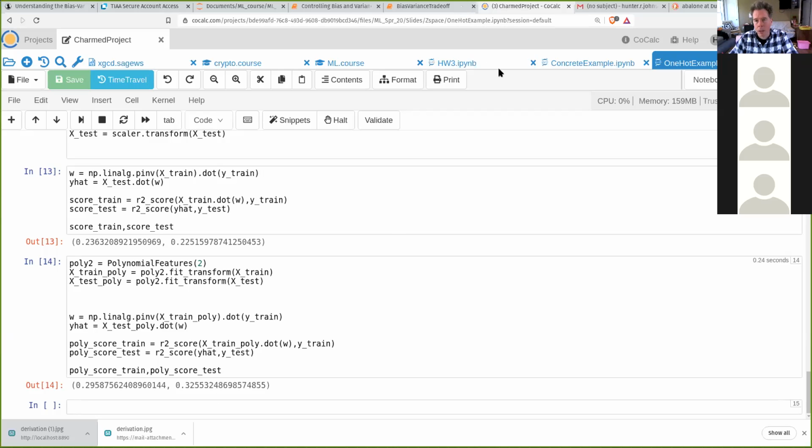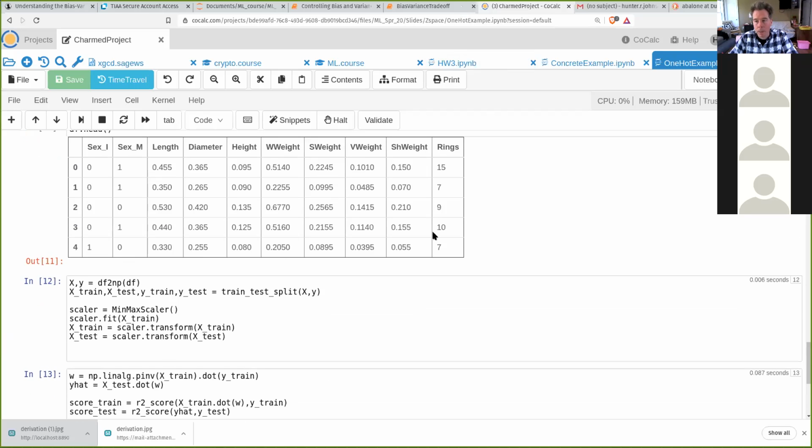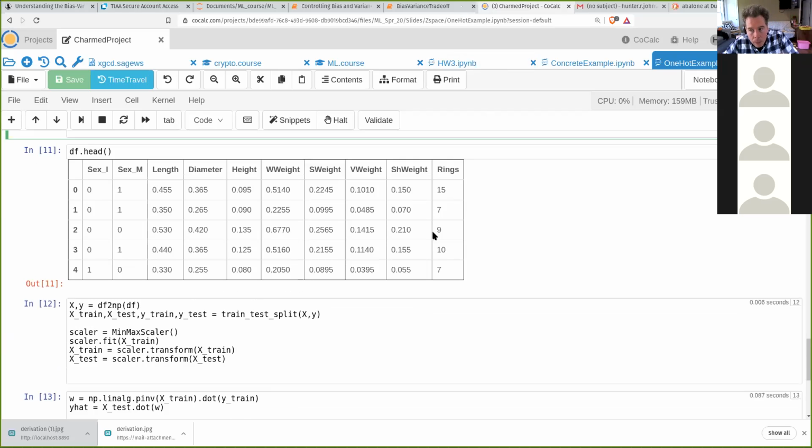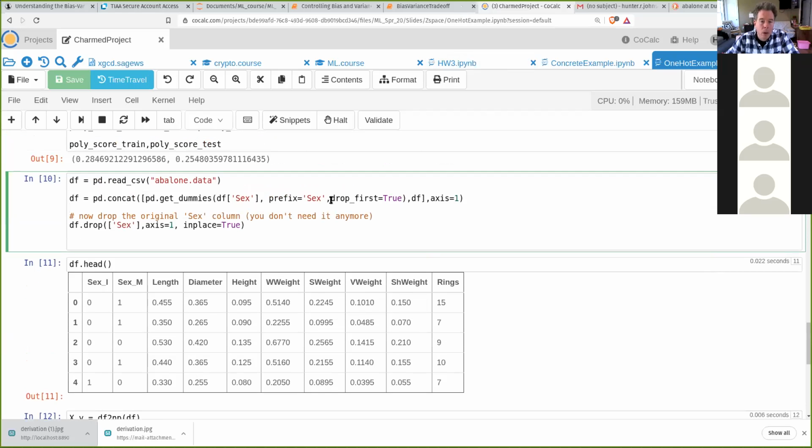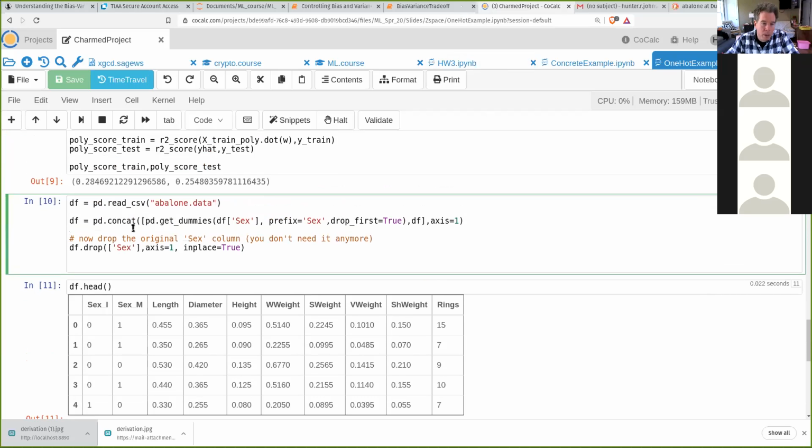Where did you do the one hot? Where did I do it? Right here. So I did it using pandas. The thing that did it was the get dummies command here.